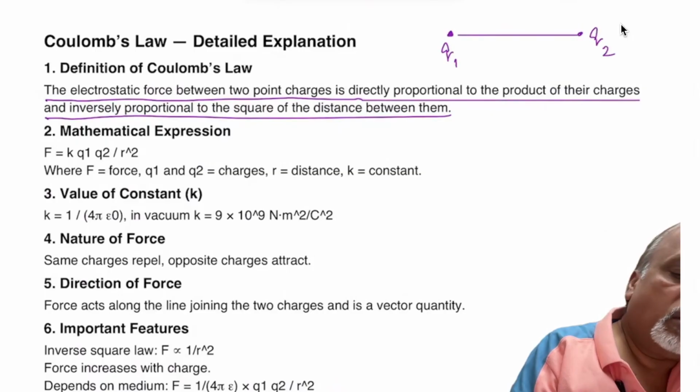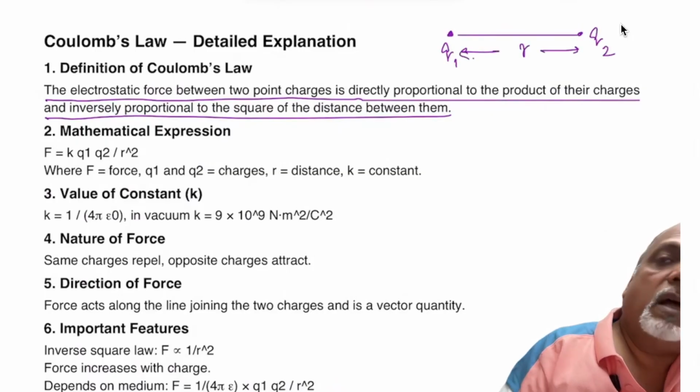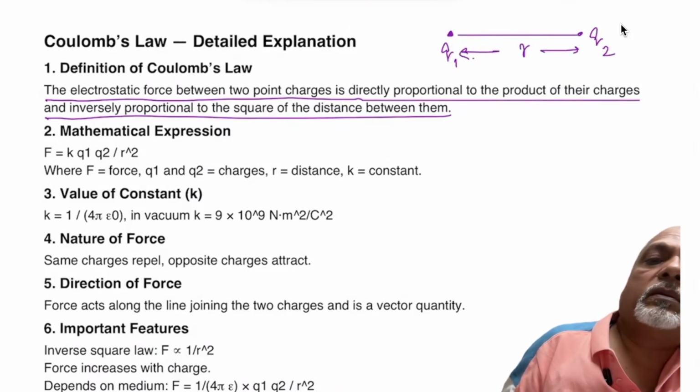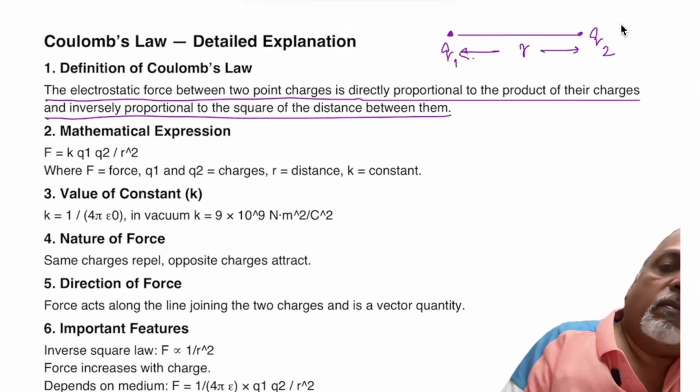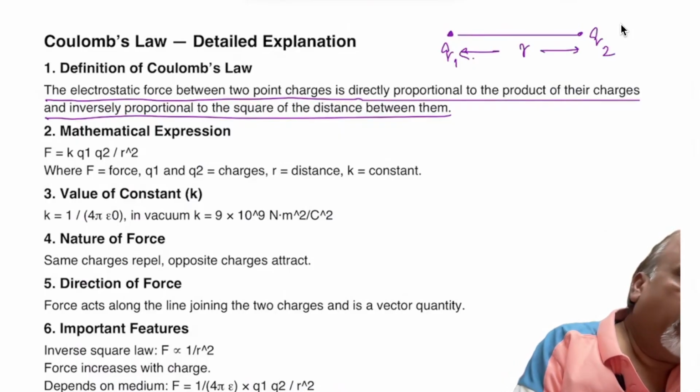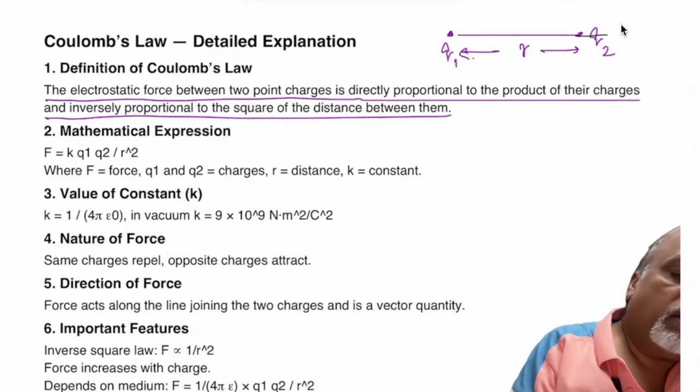This is Q1, this is Q2, and the distance between them is R. We assume that these are positive charges, so they will repel each other. That means they will have forces.